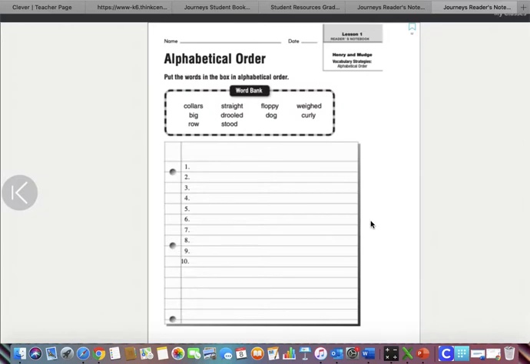I see collars and I see curly. Which one of those 2 words do you think is going to be the next in our ABC order list, Zayden? Do you think curly, C-U, comes before collars, C-O? Collars is going to be next, okay? So you want to write the word collars for number 2 on the line.